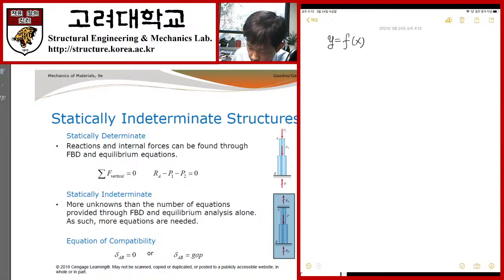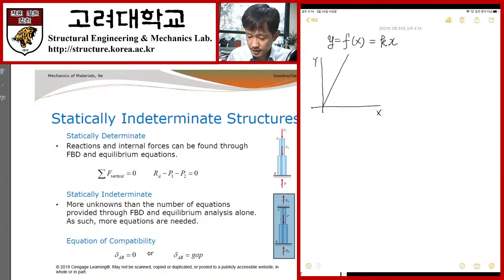Let's say this is linear. In a two-dimensional graph, we can draw x and y, and if it is linear, then that's going to be a straight line, isn't it? Is it clear? So let's consider proportional coefficients. If it is a linear system, using a proportional coefficient, it becomes kx, and its slope is k.